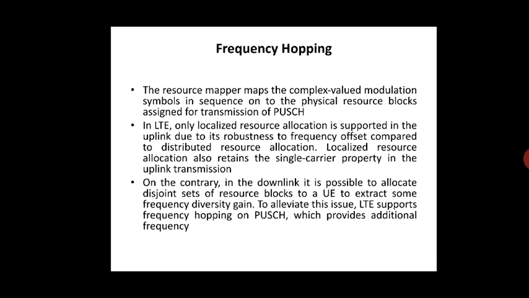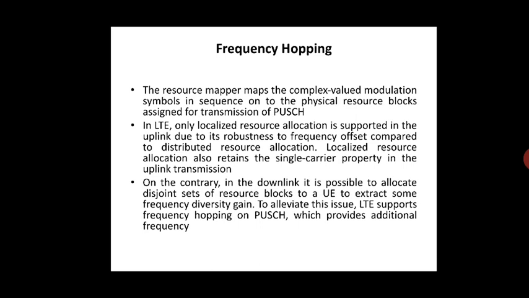As we said, the communication will be from the user entity to the base station, and from the base station to the user entity, where on the contrary the resources will be allocated as disjoint sets.